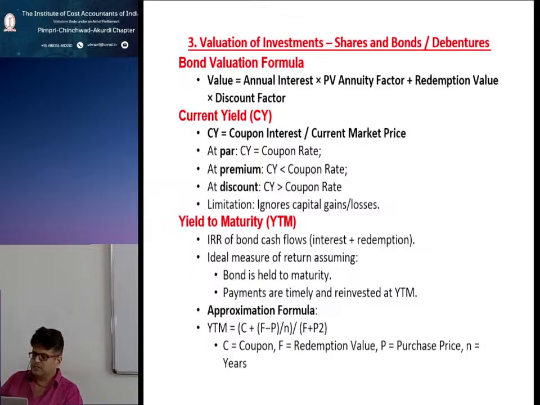The approximation formula for YTM is equal to C plus (F minus P) divided by N, all this put together divided by (F plus P) divided by 2. Here C is the coupon, F is the redemption value, P is the purchase price, and N is the number of years. That's the approximation formula.